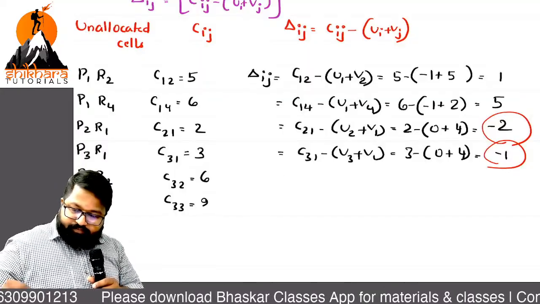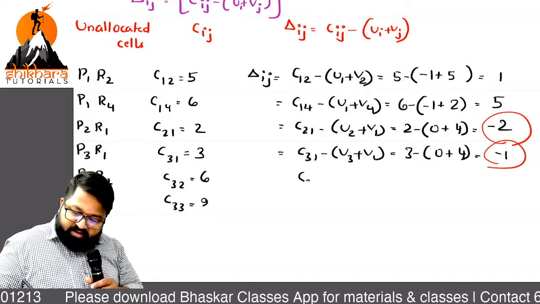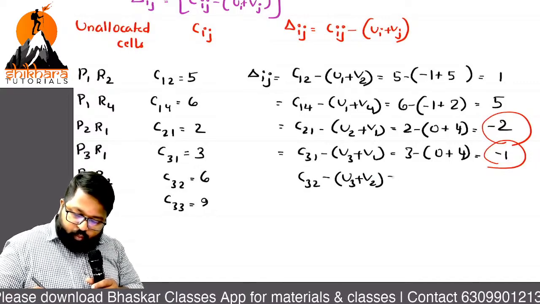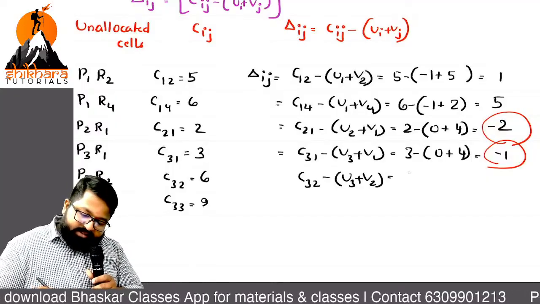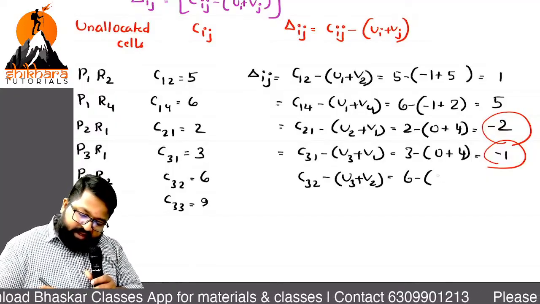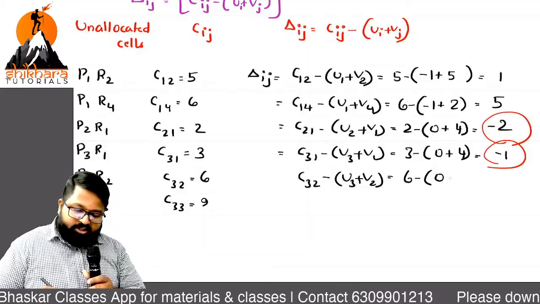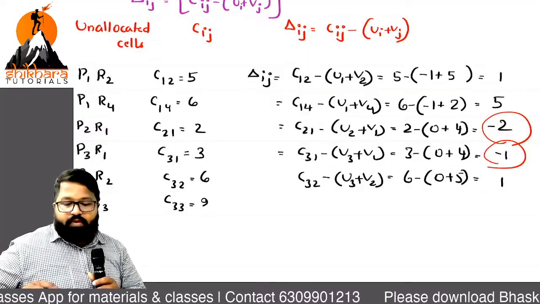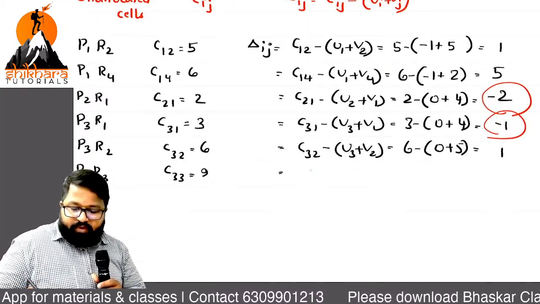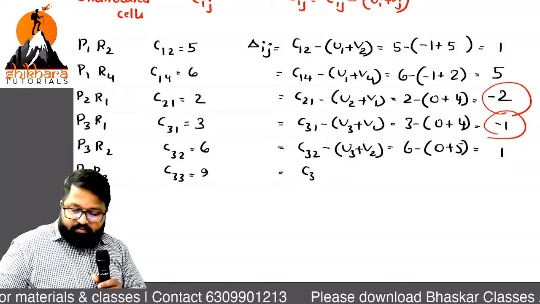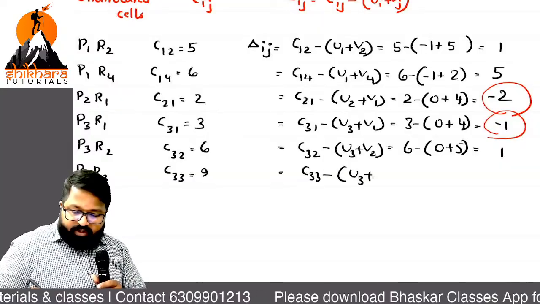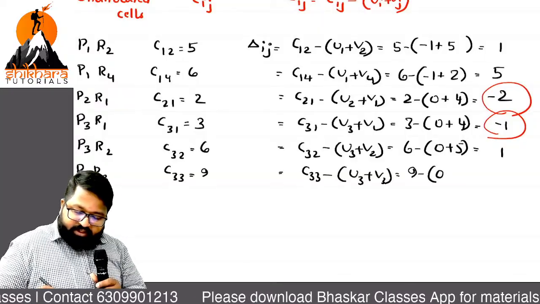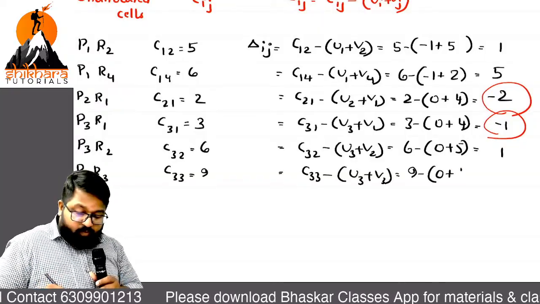And next, C32 minus U3 plus V2. 6 minus U3, which is 0, plus V2, which is 5. The value is 1. And the last one, C33 minus U3 plus V3, that is equal to 9 minus 0 plus 8. What is the value?